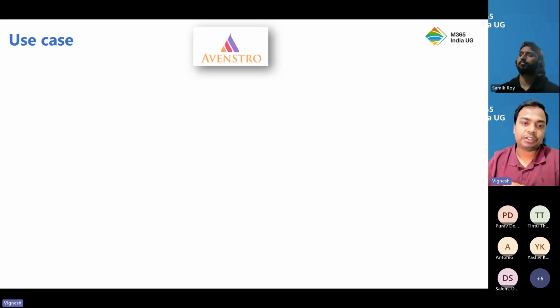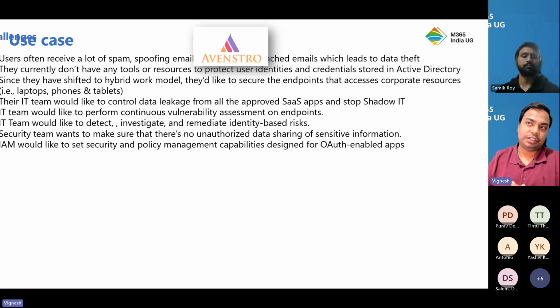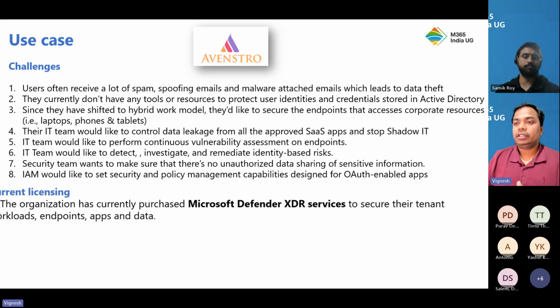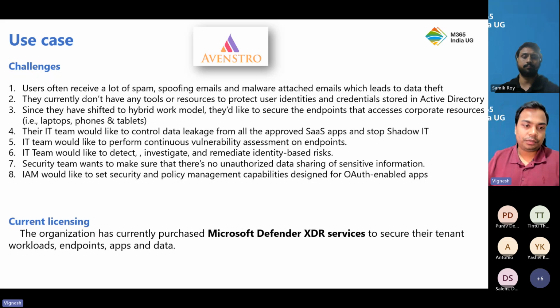So here we have an imaginary organization by the name Avenstro. These are some challenges which this organization is currently facing, and they have purchased the Microsoft Defender XDR services to secure their tenant. At some point, this organization realized that this is something they need to do to make sure they are building a robust security system. And then they went ahead and purchased the Microsoft Defender XDR service, right?